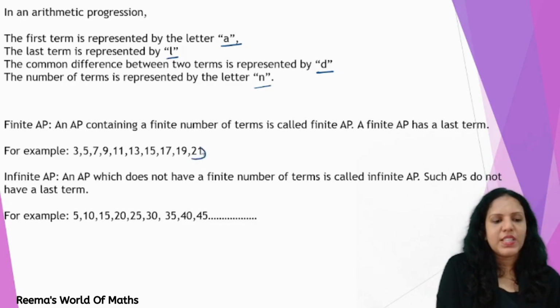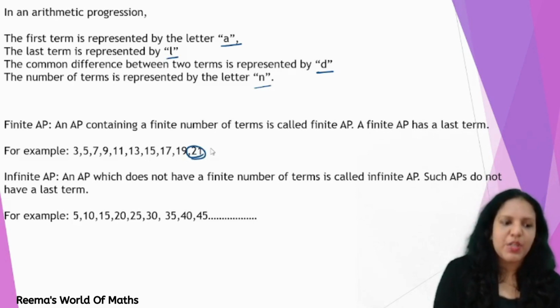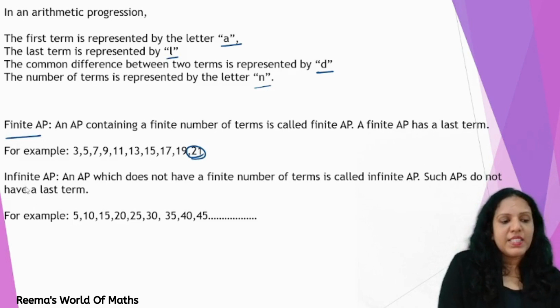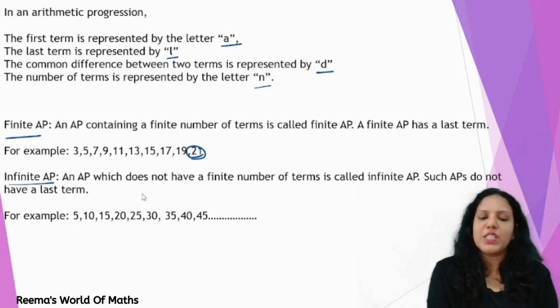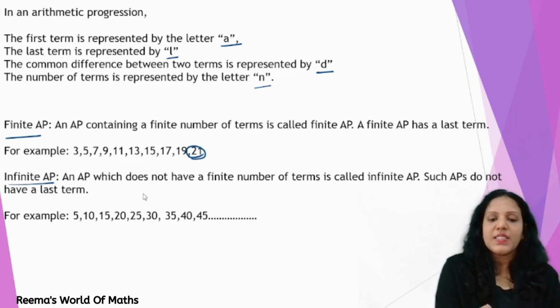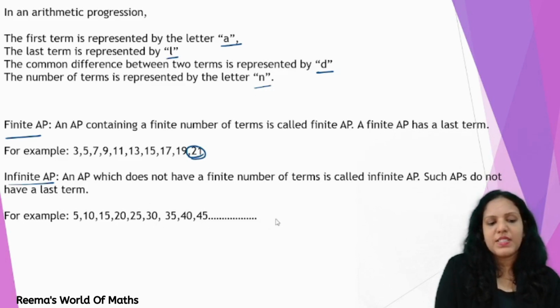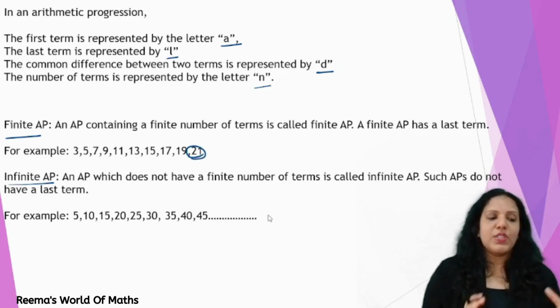Here we know which is the last term, so it ends with the last term. These types of AP are called finite AP. And there is the infinite AP, which is an AP that does not have a finite number of terms. Such an AP does not have a last term. So here it is 5, 10, 15, 20, 25, 30, 35, 40, 45, and it is infinite. So there are finite AP and infinite AP.